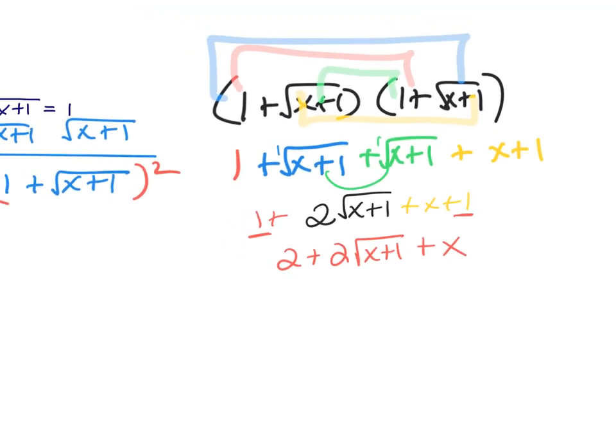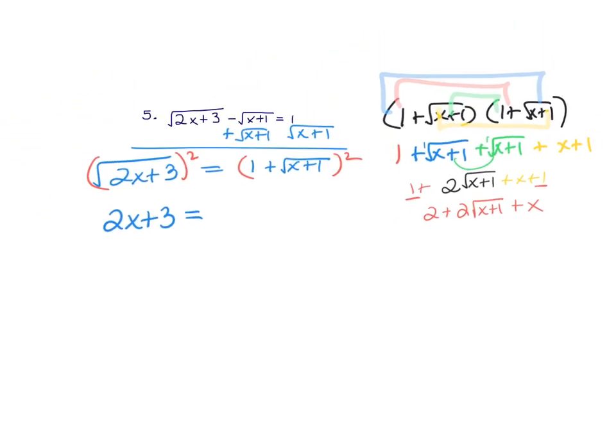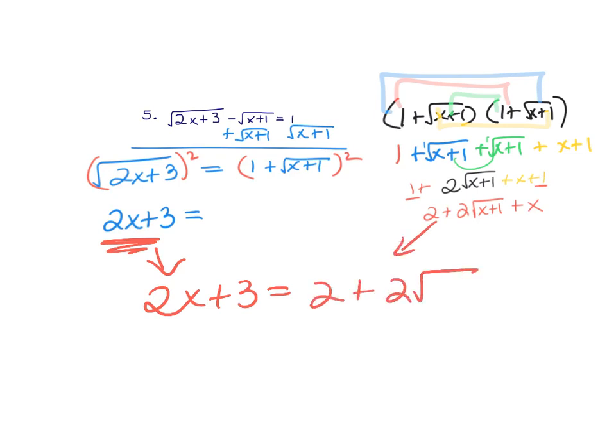I'm now going to set that equal to my 2x plus 3, this thing over here. So I have 2x plus 3, and now I'm going to write this one over here: 2 plus 2 square root of x plus 1 plus x. My goal now is to isolate the radical again.